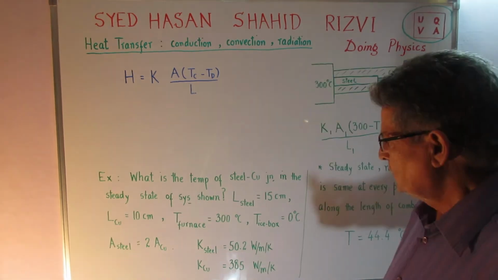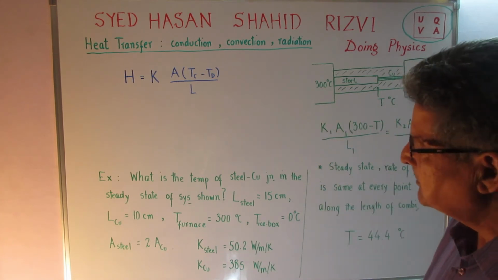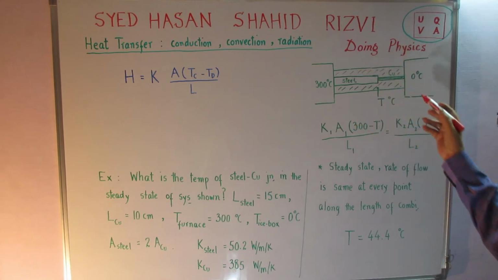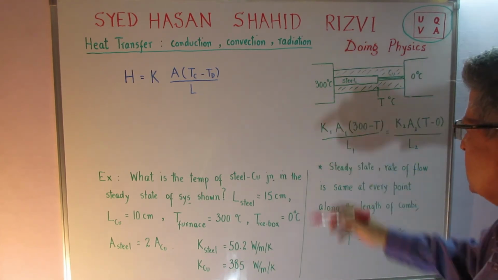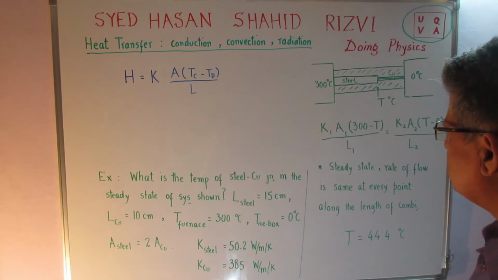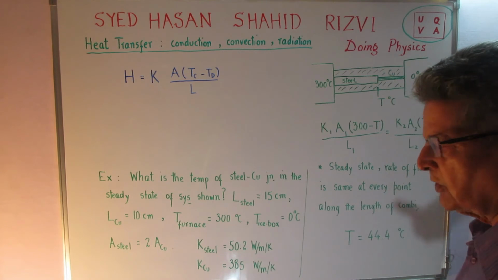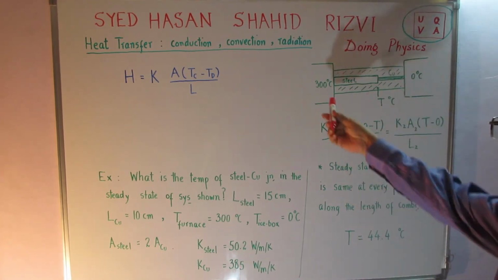So this is the problem that we just defined, and I have tried to draw a schematic diagram where one of the reservoirs is at 300 degrees Celsius. This is a furnace, and an ice box over here, 0 Celsius. Could be any two reservoirs.